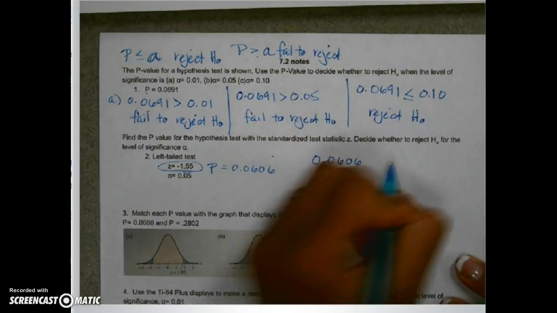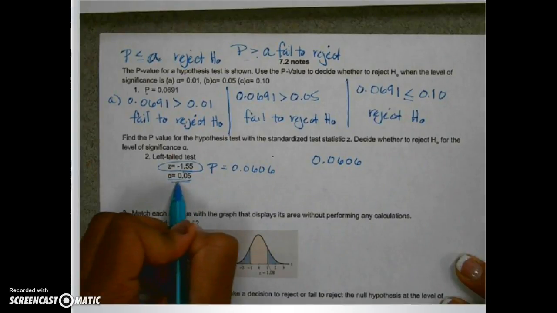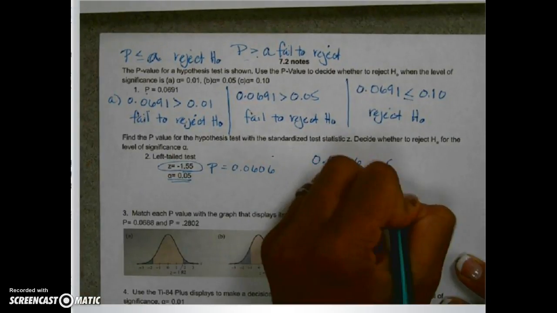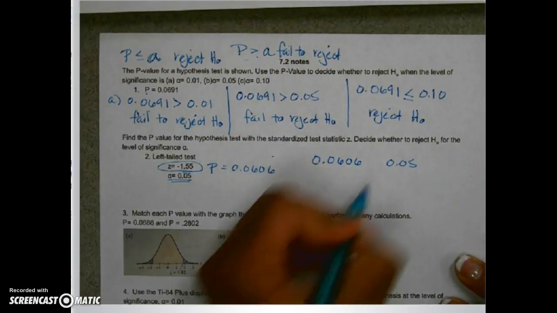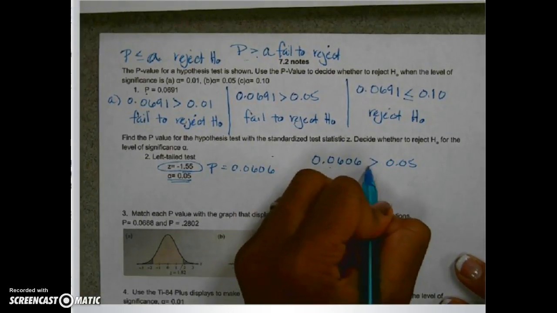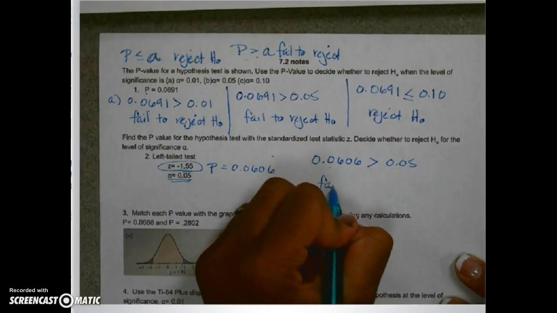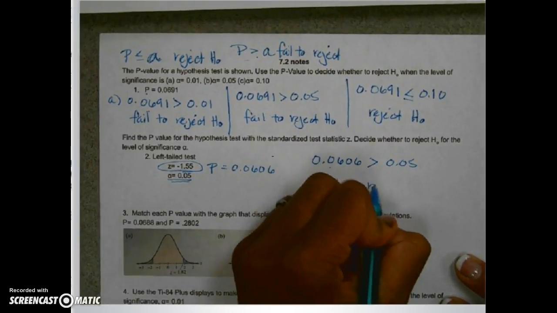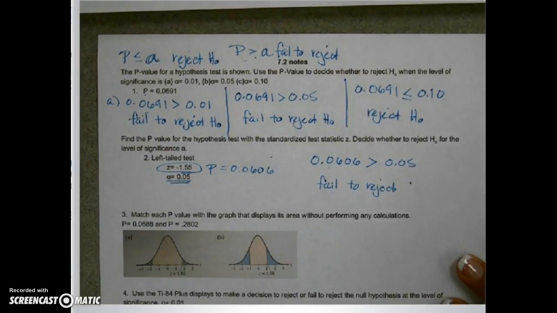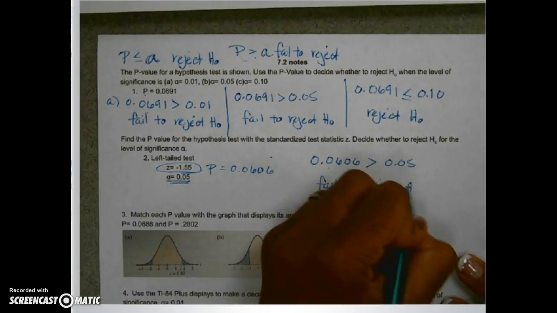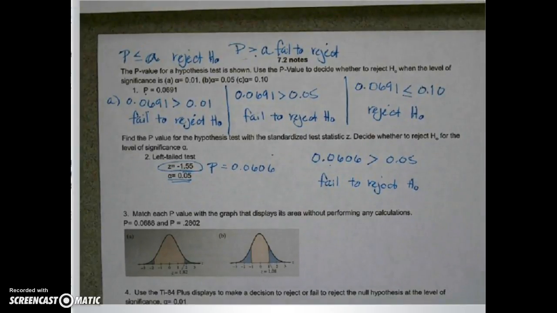I'm comparing that to the level of significance they're asking for, 0.05. What could we say about that? Well, this is definitely greater than that, so I'm going to fail to reject the null hypothesis. All right, there you go.